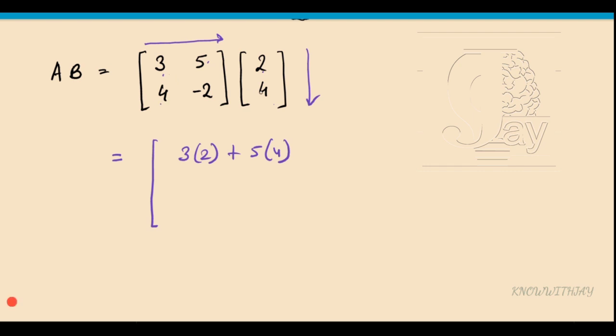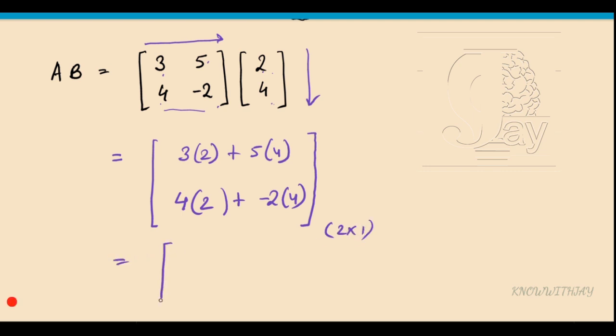Now second row first column, so we should have second row first column 4 into 2 plus minus 2 into 4. Okay, there is no second column for the second matrix, so we only have 2 rows and 1 column, so the order is 2 by 1.